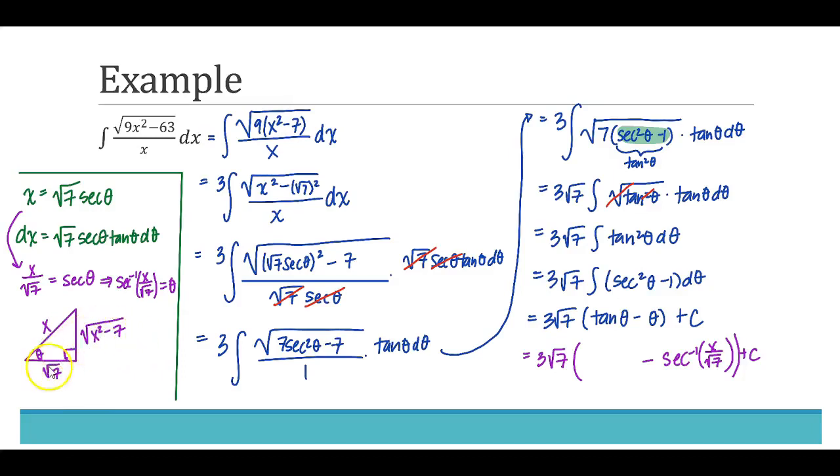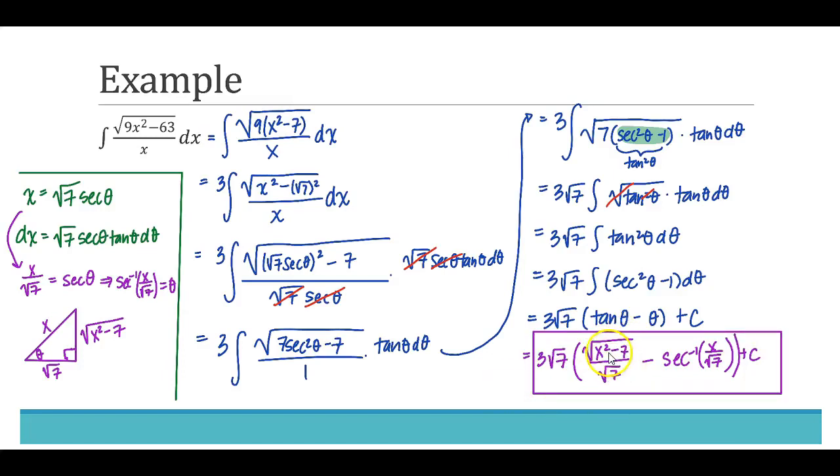So we have opposite over adjacent to replace tangent theta, so the square root of x squared minus 7 over radical 7. And because these are both square roots, we could put just one big square root with a quotient underneath, but that's fine. I'm just going to go ahead and leave my answer like this.